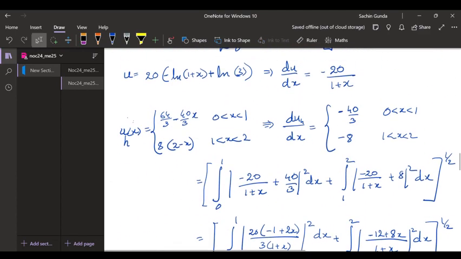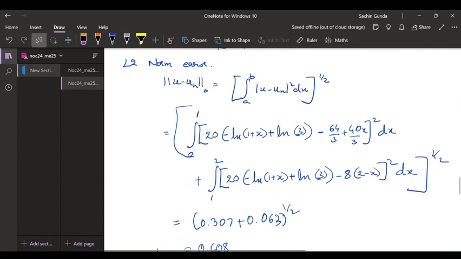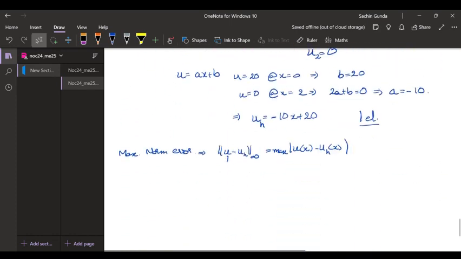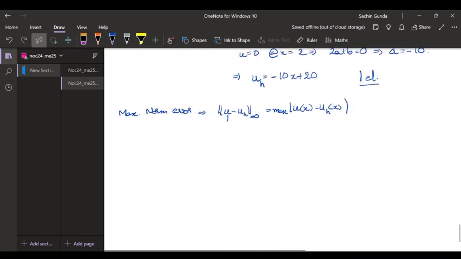And the analytical solution wouldn't change. Minus 20 ln(1 plus x) plus 10x minus 20.